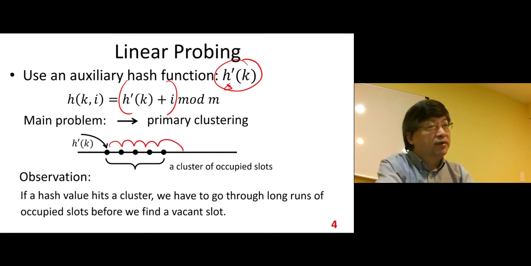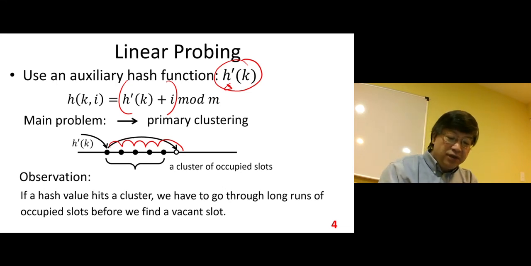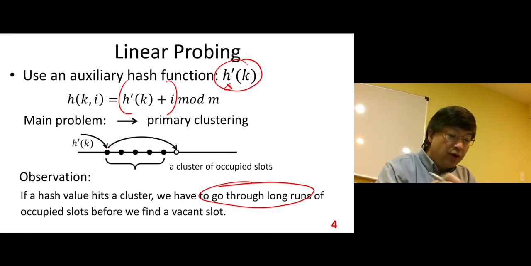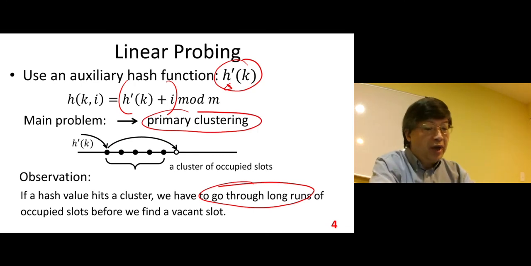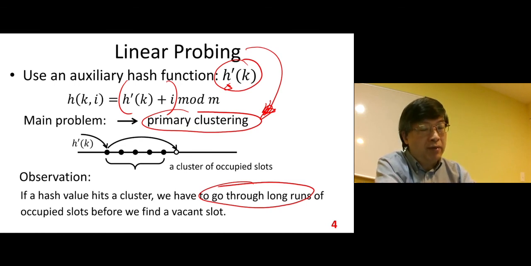So to find a vacant slot, you need to go through long runs. That makes your performance very slow. This problem we call the primary clustering problem. So linear probing is not good because of this primary clustering problem.